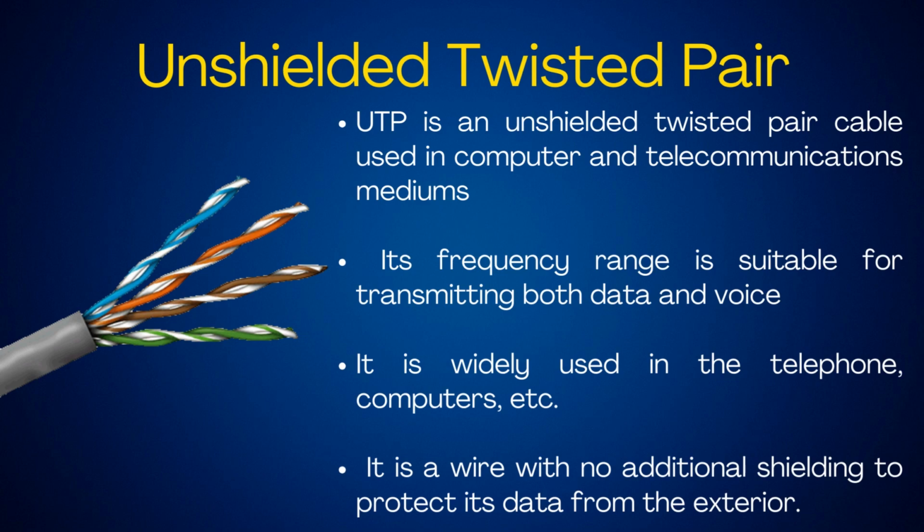That is the main difference between UTP and STP. Therefore, it is cheaper than the shielded twisted pair because there's no additional protective cover. Since it's cheap, yet has no shield against noise, it is commonly used for LAN networking.